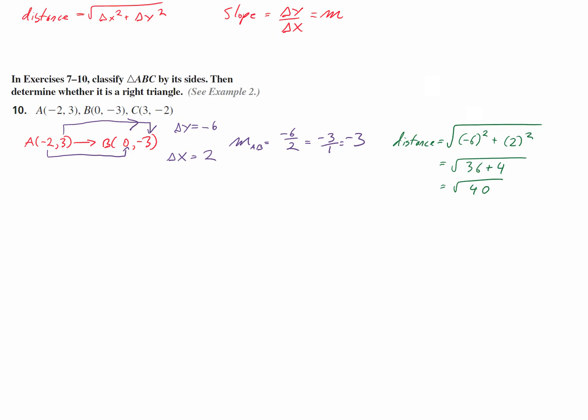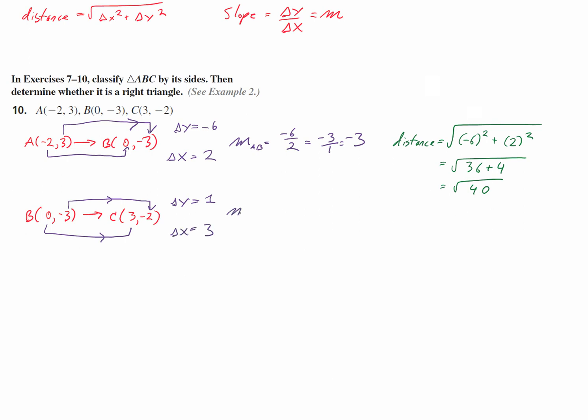Let's go to BC. So B, again, I'm going to use 0, negative 3, going to C, which is 3, negative 2. And let's find the change in y. My change in y here from negative 3 to negative 2 is plus 1. And my change in x here, going from 0 to 3, is 3.